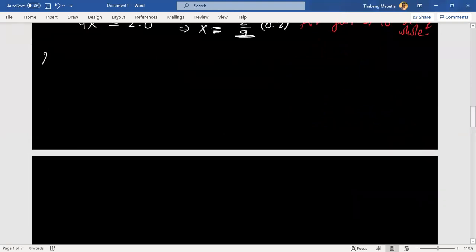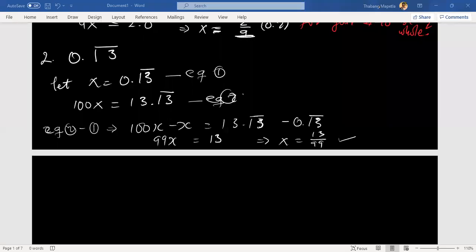Let's try something like 0.13. Same steps. You let x be that. Remember, our major aim is to have the decimal close to the repeating set.